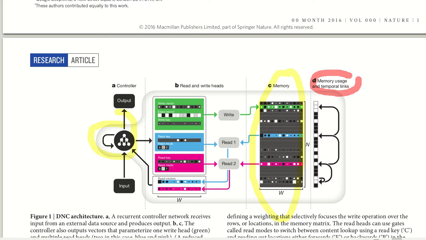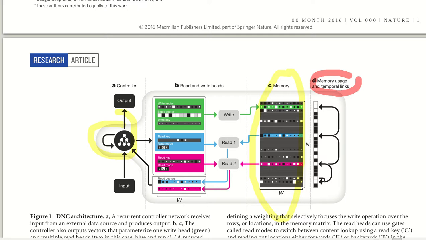These allow us to allocate the usage of the memory so that we don't overwrite things that we just wrote. So there's a smart way to use the memory to avoid interference between different allocations in the memory. Then there are the temporal links, which at a high level allow a sequence to be read in the same order that it was written to the memory.